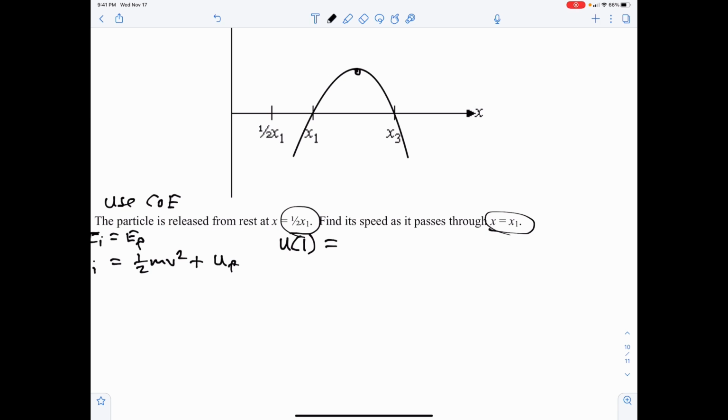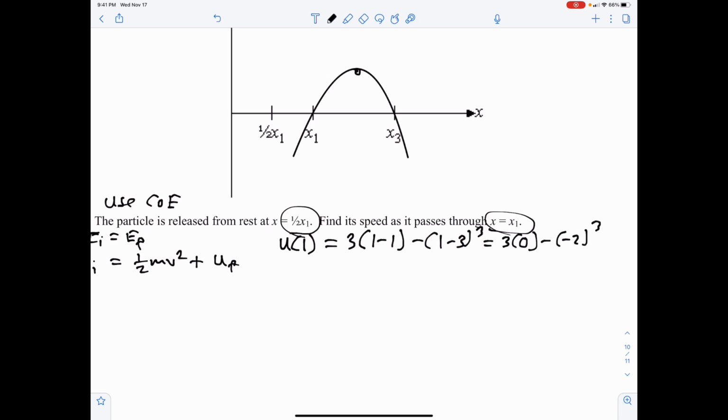The potential energy function at 1 meter would be 3 times (1 minus 1) minus (1 minus 3) cubed. Well, that's going to be 3 times 0 minus (-2) cubed.